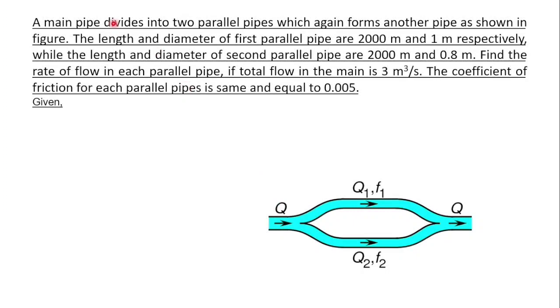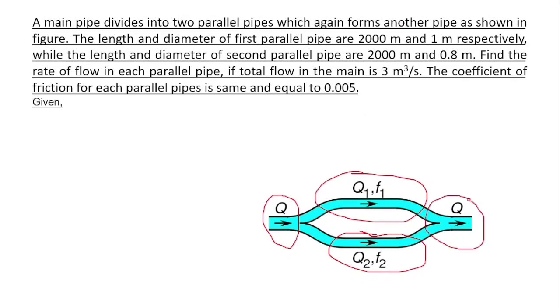This is the figure. So here a main pipe, this is main pipe, divides into two parallel pipes. This is pipe 1 and this is pipe 2, connected in parallel, which again forms another pipe.